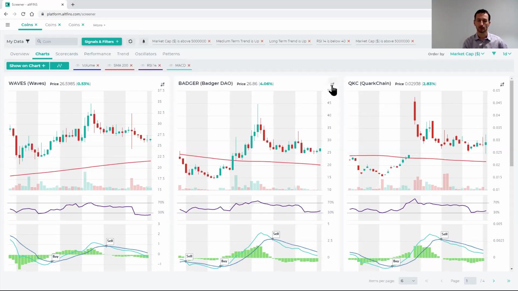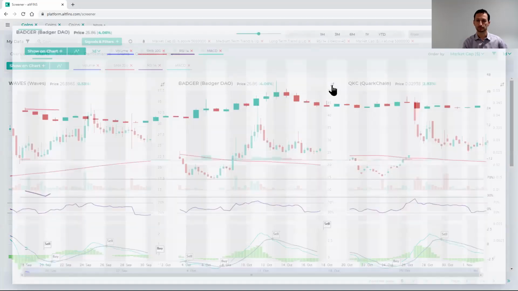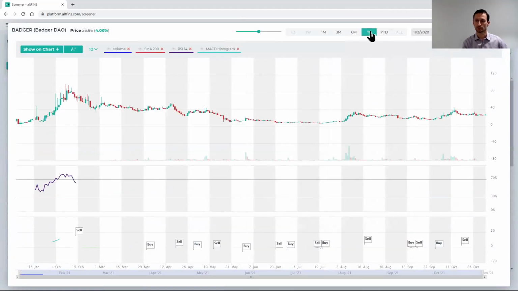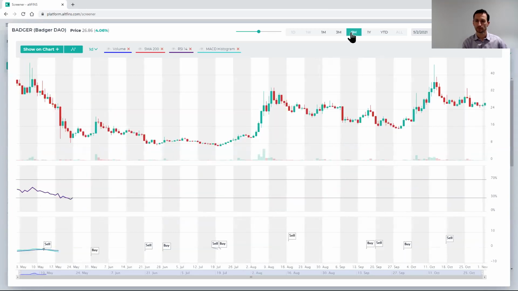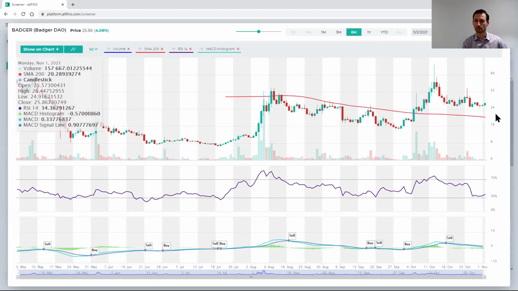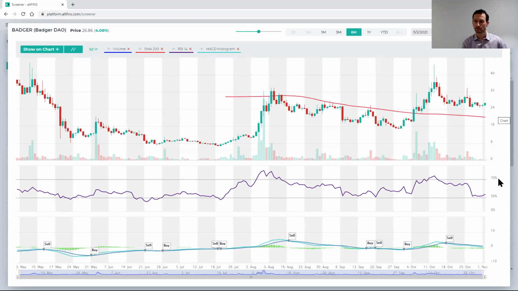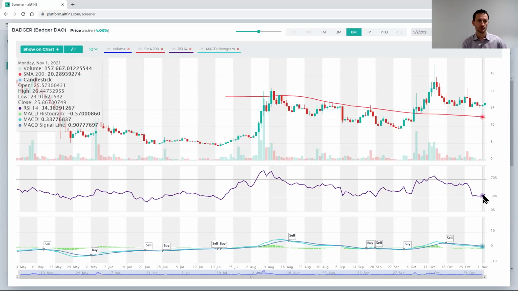We can look at this Badger DAO as well. Right here. So RSI is around 34, 35 or so.